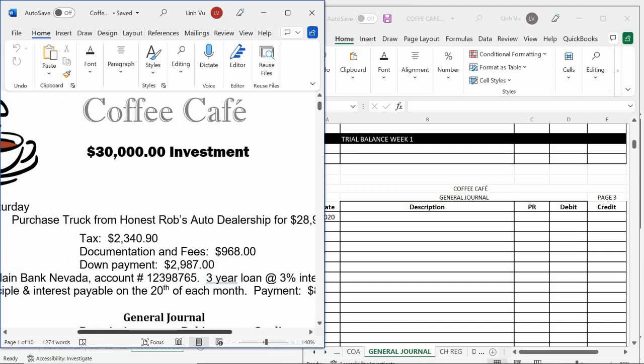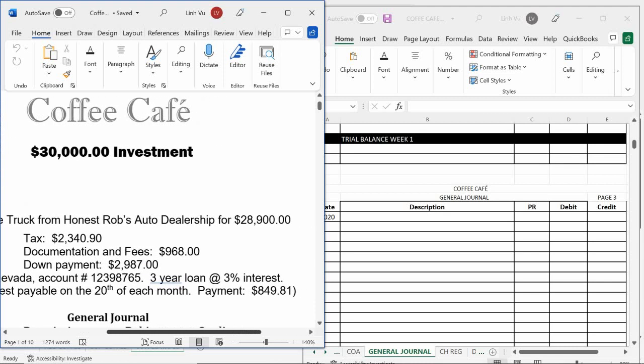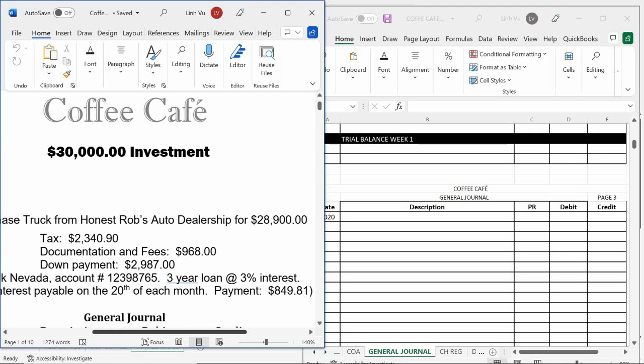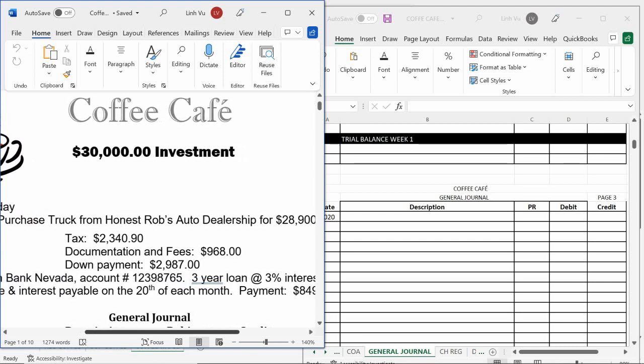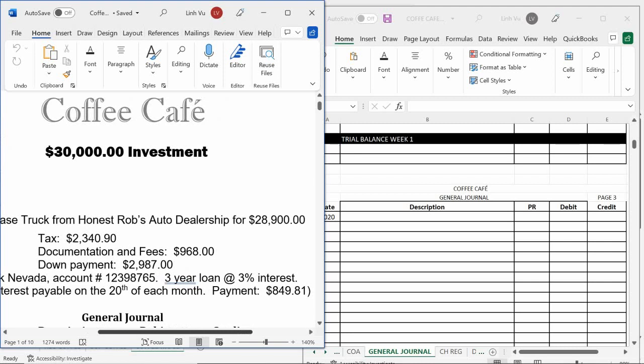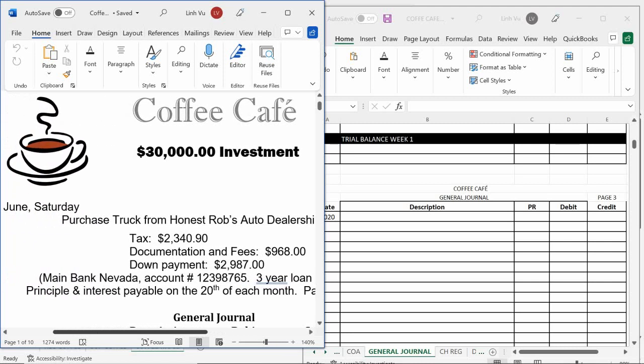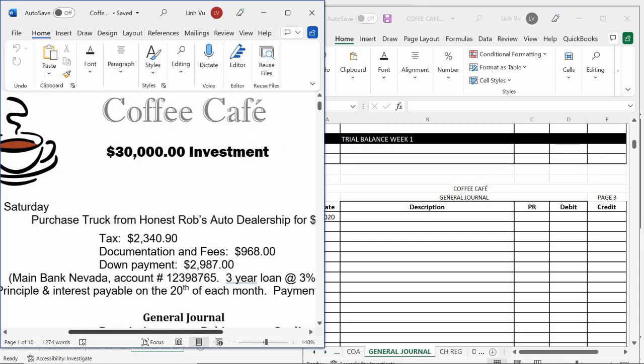We also have documentation and fees that came up to a total of $968 even. And of course, we also put a down payment of $2,987. What this loan is, we got approved for a loan from Main Bank of Nevada.